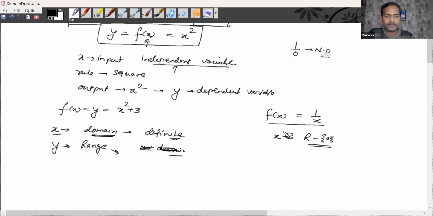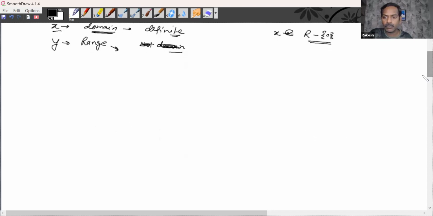Fair enough, right? So let us take certain more examples to understand domain in detail. If I have a function f of x which is equal to x square plus 1, in this case, if I talk about domain, I should look for certain types of values of x for which f of x will not be defined.